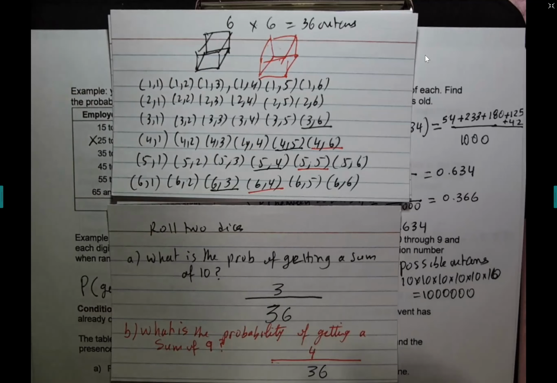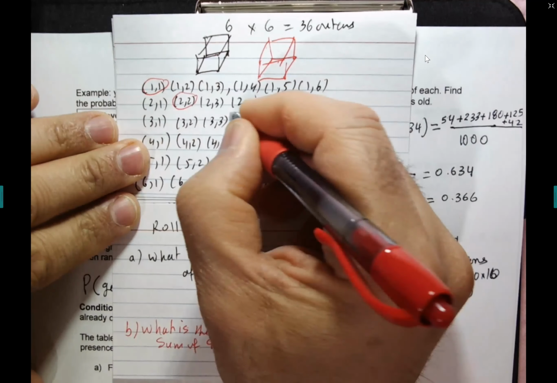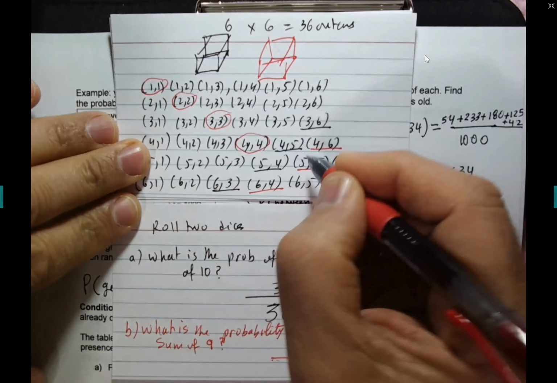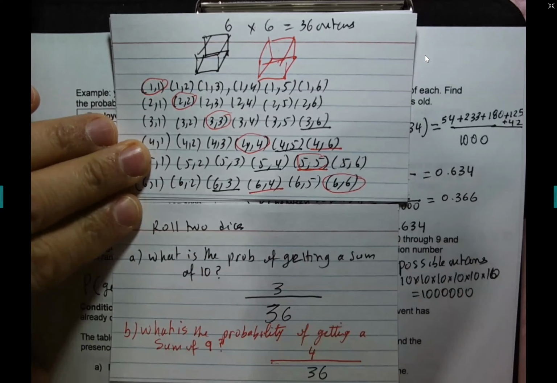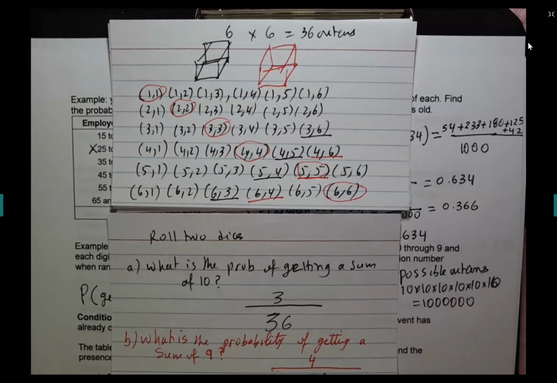Yep. And let me tell you why, guys. 1-1, 2-2, 3-3, 4-4, 5-5, 6-6. It will be 6 out of 36. You notice, guys, that the probability cannot go beyond 1. It's always between 0 and 1. And this is a good example of using probability, rolling 2 dice and asking questions on that. I guess that would be it.